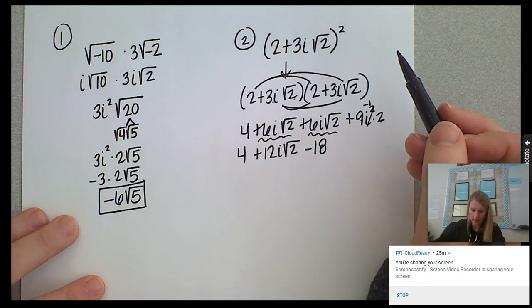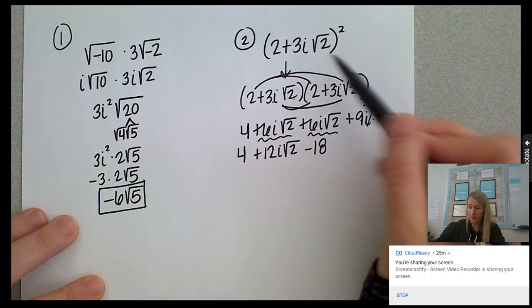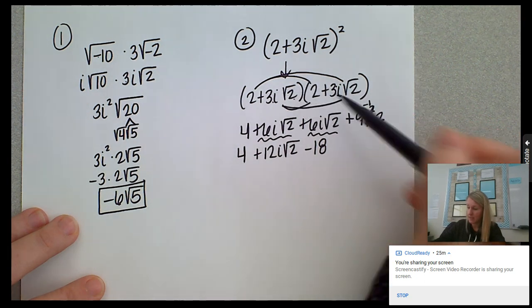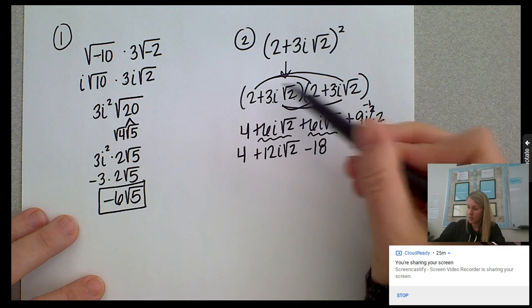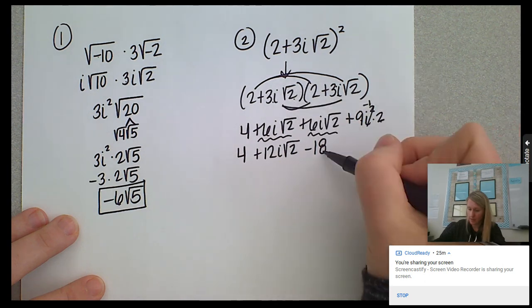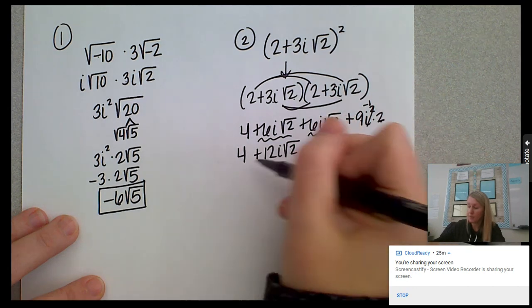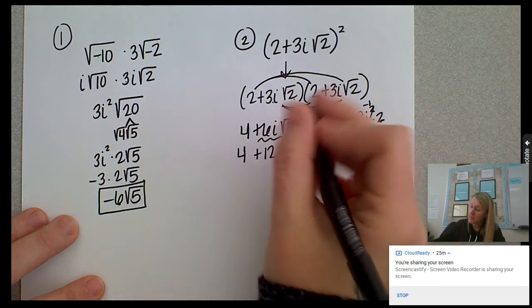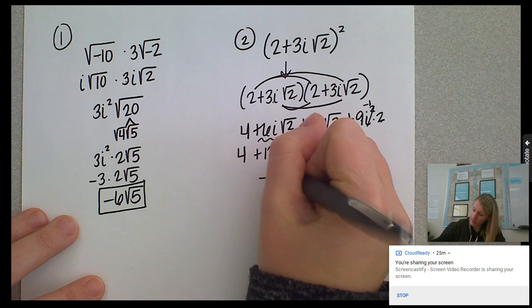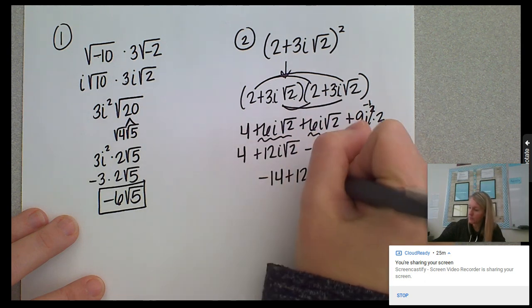Sorry. I'd done this on a piece of paper. I'm pretty sure I did it wrong because that's 9i squared times 2. It was a positive, so then that would turn negative. Yeah, you crazy lady. I wrote it down the wrong way. Once again, a reason not to rush. 4 minus 18 gives me negative 14 plus 12i root 2.